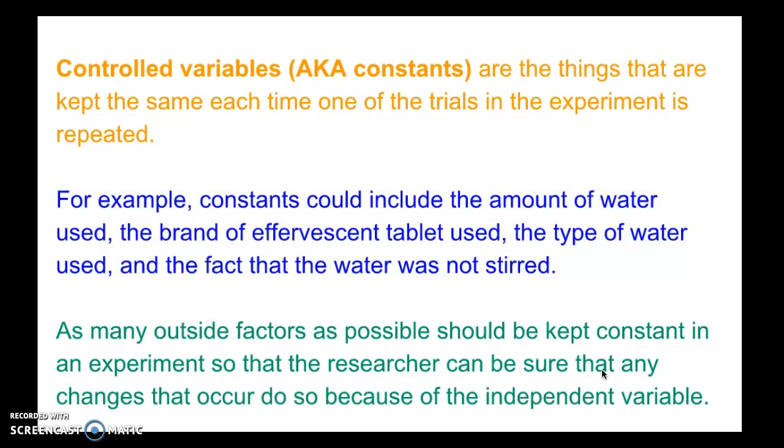All right, now there's constants or controlled variables. And these are items that are kept the same through each trial in the repeated experiments. So for example, in our effervescent tablet dissolving by temperature, things that I would want to hold constant: let's say we're going to do 3 trials.